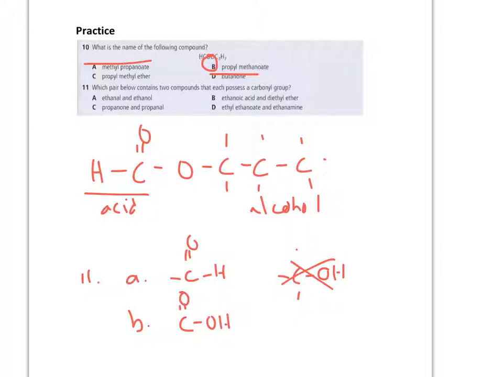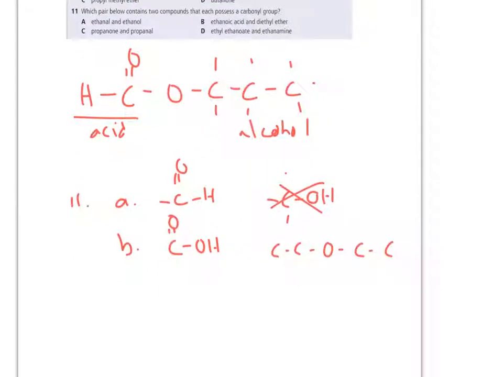and diethyl ether just means there's 2 carbons on each side of it, so that doesn't work. C, I've got propanone, which is a ketone. I'll scroll up here a little bit.